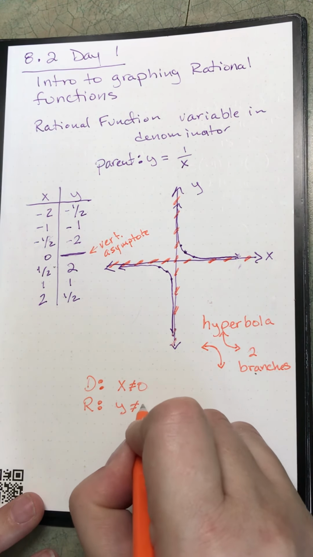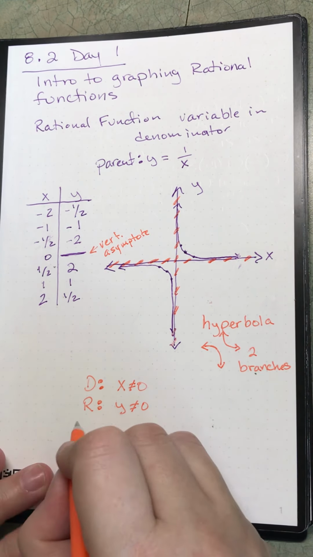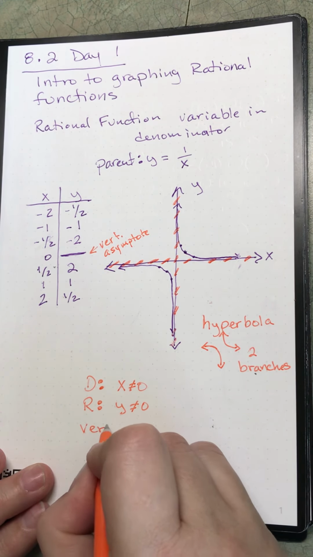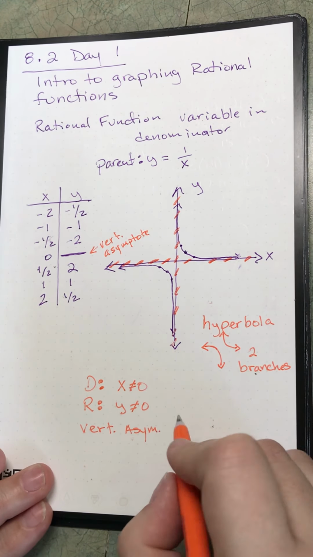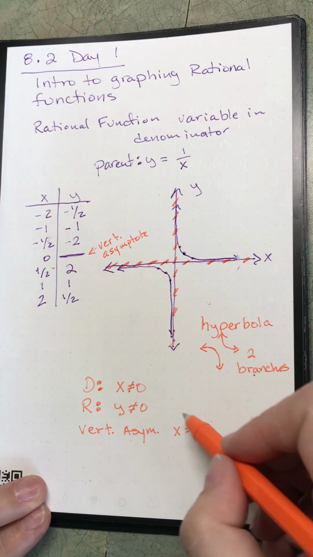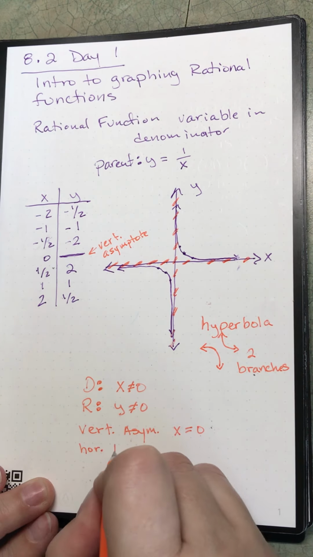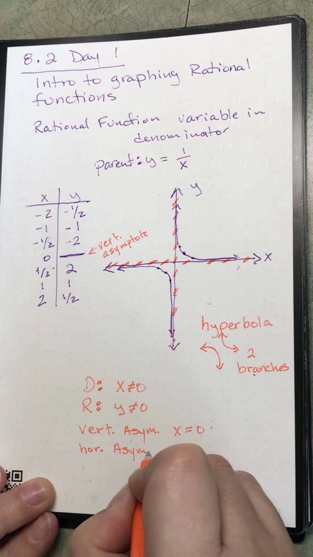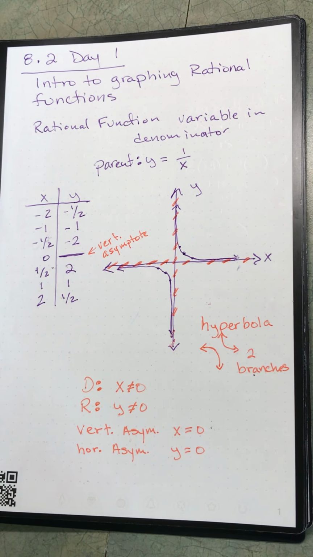So y cannot equal 0. And so then we have a vertical asymptote at x equals 0, corresponding with that domain there, and we have a horizontal asymptote at y equals 0. So these are the general features.